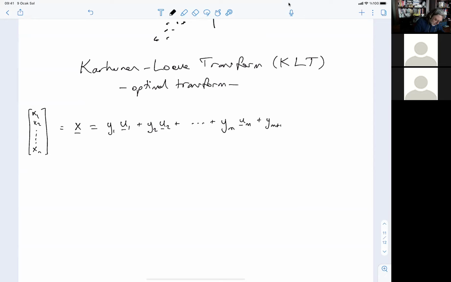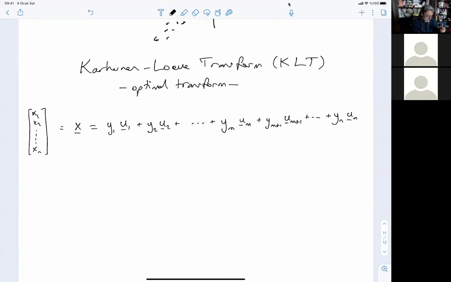Then Ym plus 1 Um plus 1, plus all the way up to Yn Un. So it's an n-dimensional data vector, this X vector, and we are transforming it to another n-dimensional vector consisting of Y values, that kind of a transformation. It is defined by its basis.